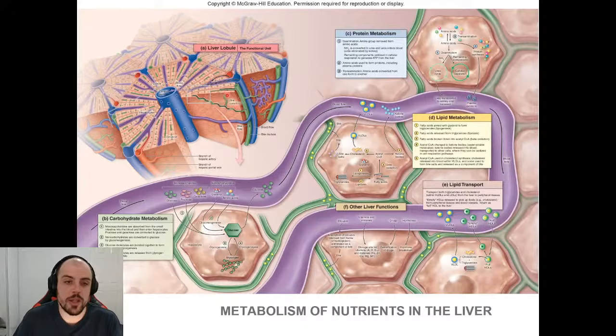So we've got these liver lobules. That's the functional hexagon unit of the liver, and this is where the nutrient that we've just absorbed goes. And this is a really good summary slide on what happens to each of these key macronutrients once we've absorbed them.